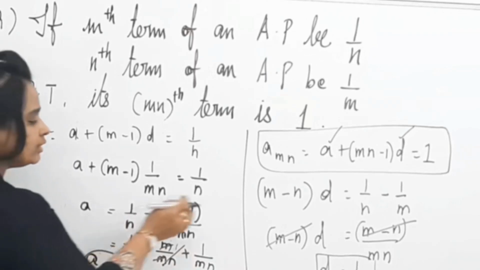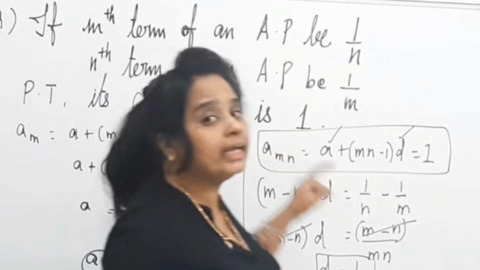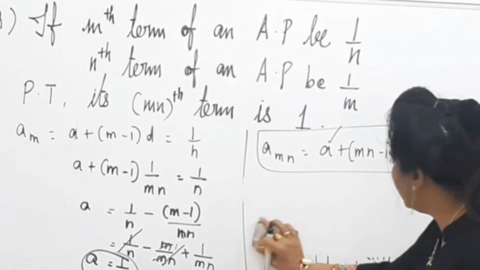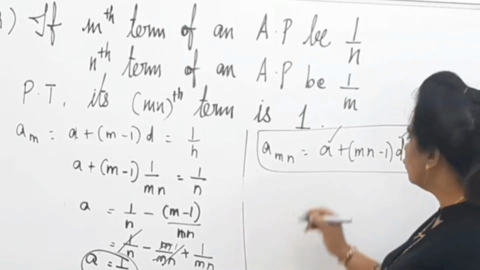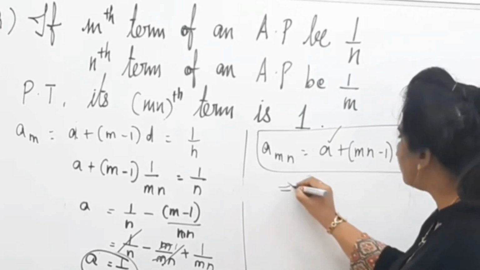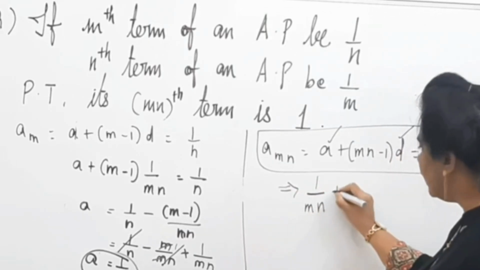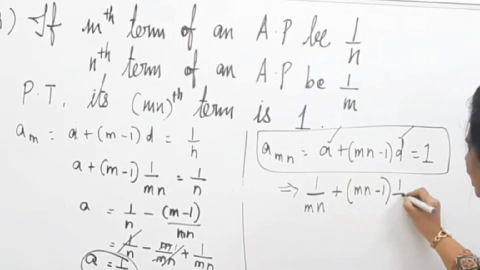So a I got it, d I got it. I will go and substitute in my required equation. So I will substitute here my a and d. Both are the same values. So a is 1 by mn plus mn minus 1 into 1 by mn.